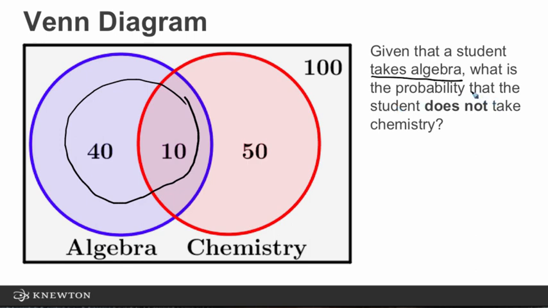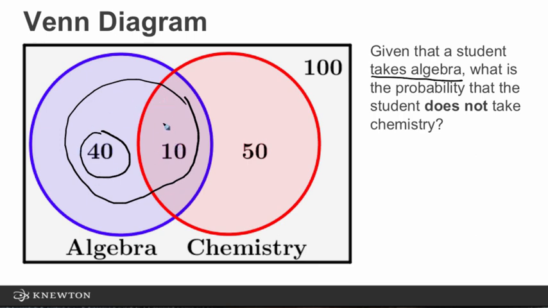And we want to find the probability that the student does not take chemistry. So of these 50 students in the algebra circle, which of them do not take chemistry? Well, that'll be the ones that are not part of the red circle. 40 students in the circle here that are not part of the red circle.